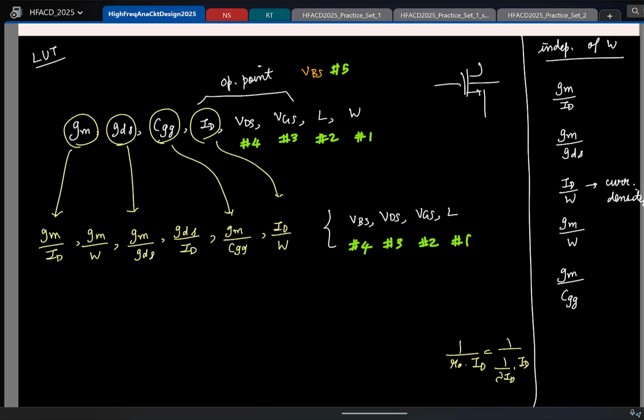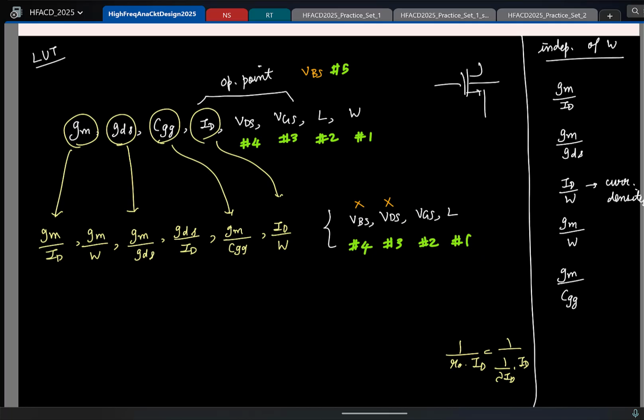Now if you want to reduce your job, you can maybe ignore the effect of VBS to start with. That will reduce it even further. Or even to make it one order easier, you can sometimes ignore VDS also, so you can generate the lookup table only by sweeping these two.